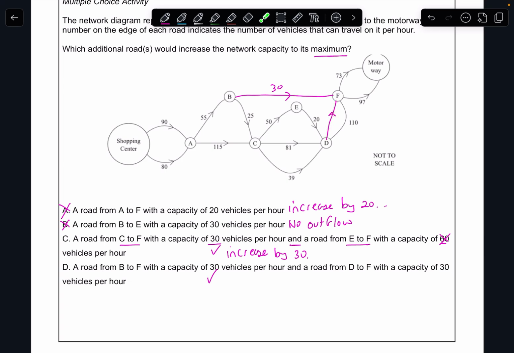Let's just double check. So we go 39 plus our 81 plus 20. I get 140, but I've only got 110 coming out. So this extra 30 would work. So this last one's going to give me an extra 60 going through. So D is going to be our answer.